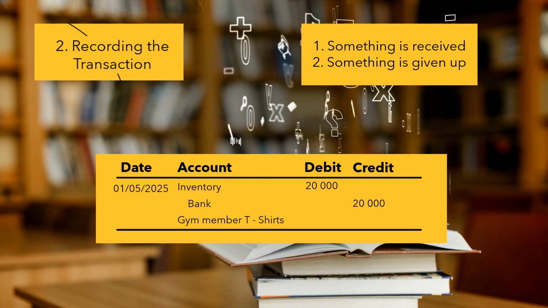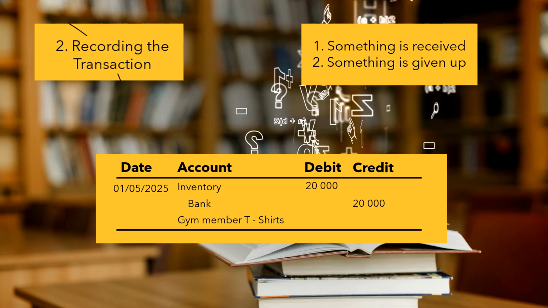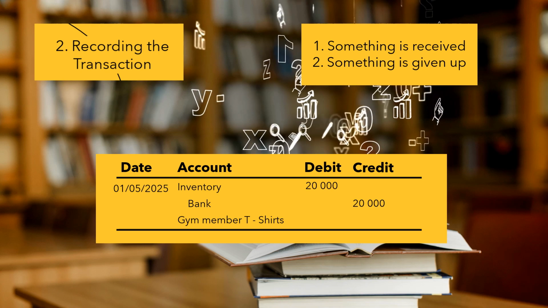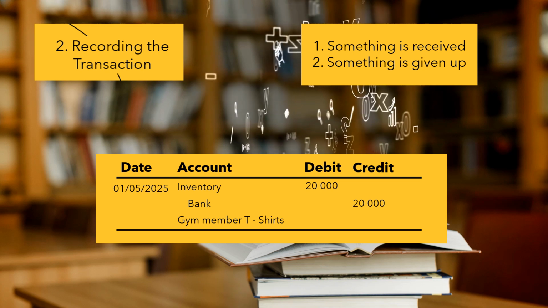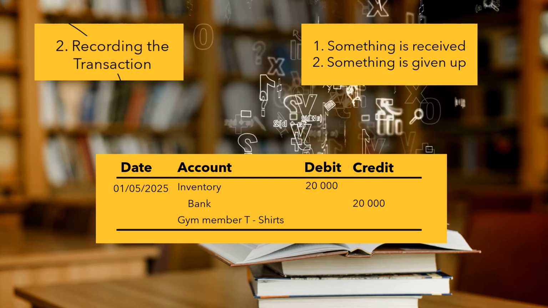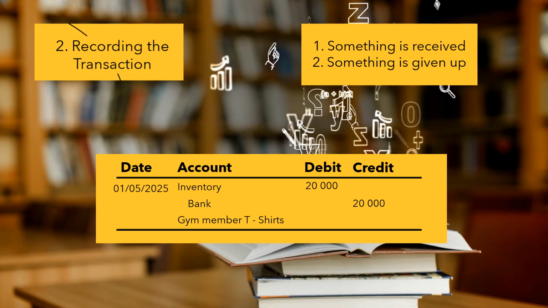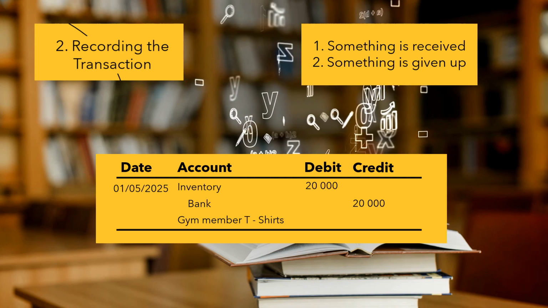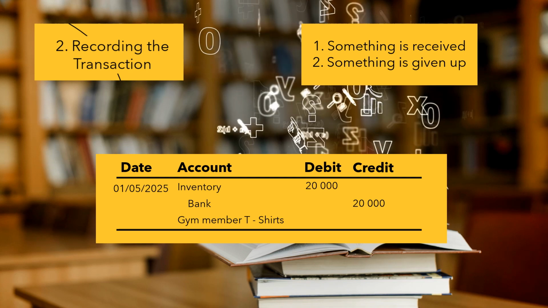Each journal entry consists of a date, an account, a debit, and a credit. So, on the 1st of May, you bought 20,000 Rand worth of inventory, the t-shirts, and you paid 20,000 from your bank account, so your bank is credited.